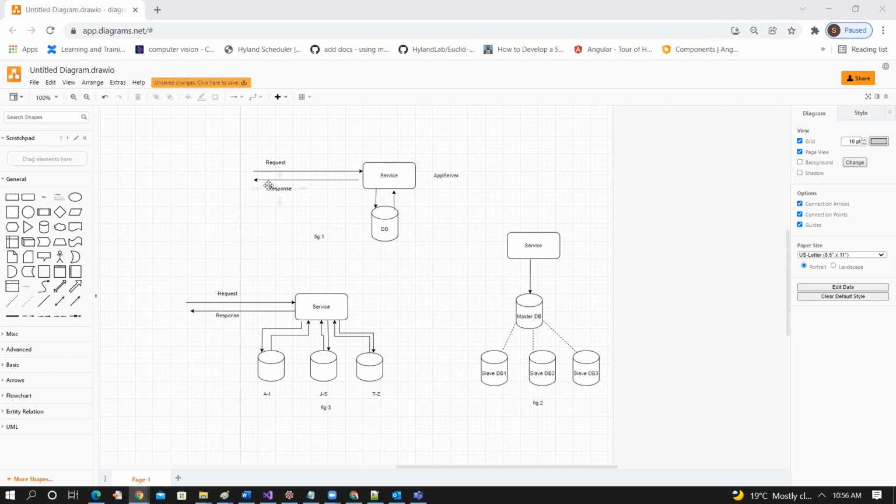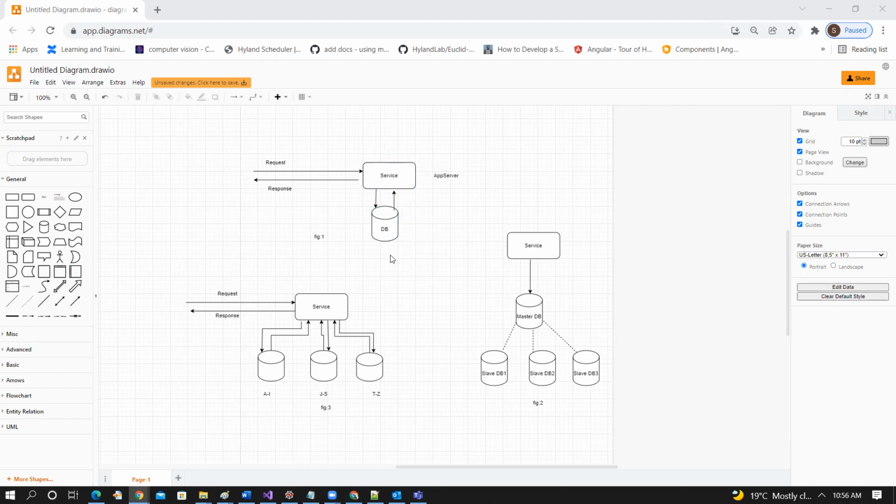Now the question is, this DB server is fine if you have a small amount of requests in your system. But whenever your requests get large in amount, you need proper scaling. And that scaling should be done in the service layer or app server layer as well as the DB layer.